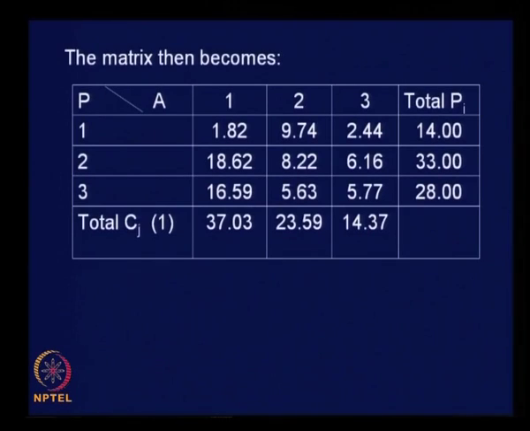We must resort to some iterative process to see that the trip attraction values are also brought back to the original values, simultaneously holding trip production values unchanged. That will be held because it is in the model framework itself. Okay, and let us see how to go about doing this.